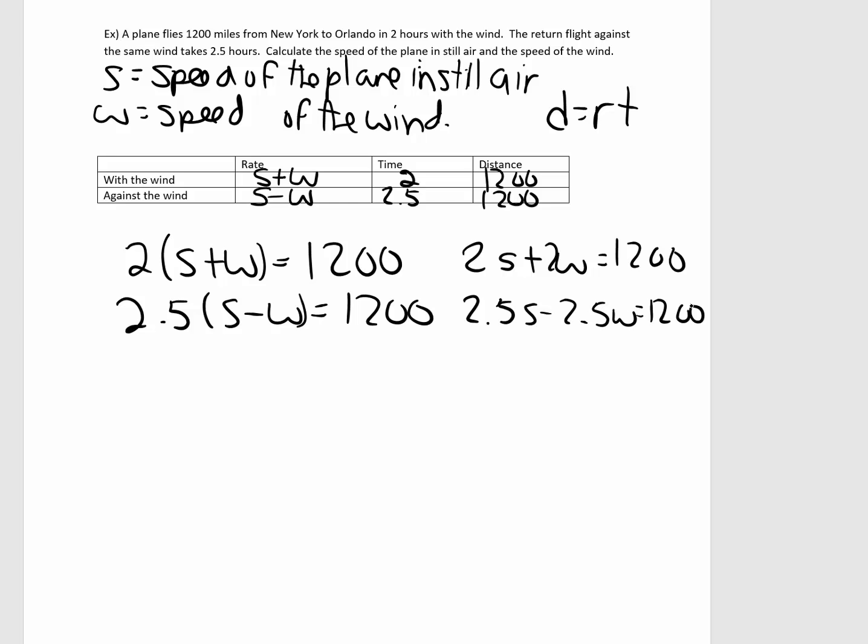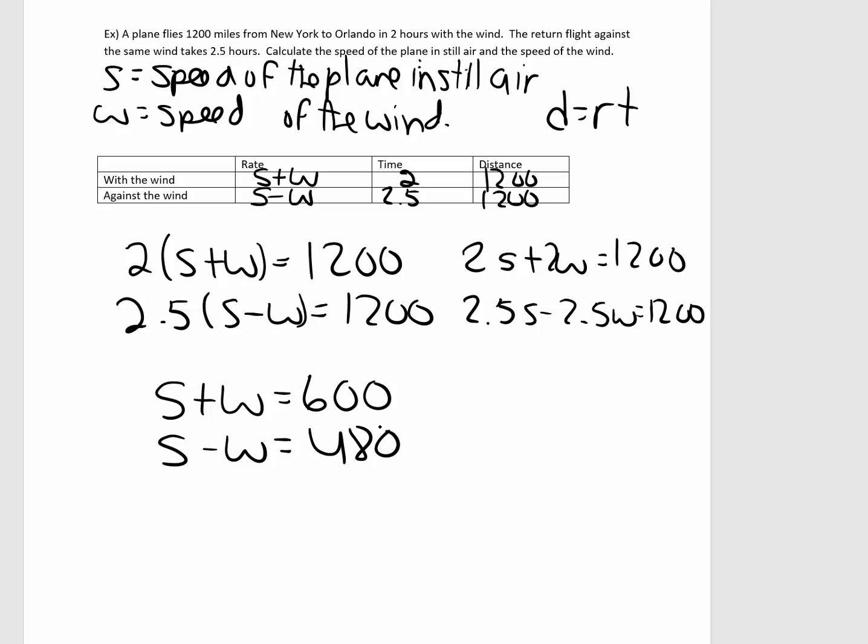Now, for the top equation, I'm going to divide every single term by 2 to make my numbers smaller. So now it'll be S plus W is equal to 600. And for the bottom equation, I'm going to divide every single term by 2.5. Well, that gives me S minus W is equal to 480.